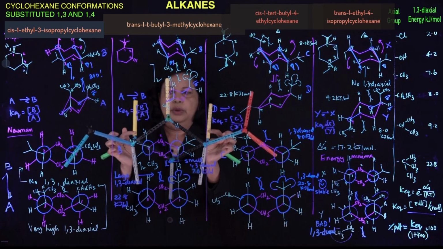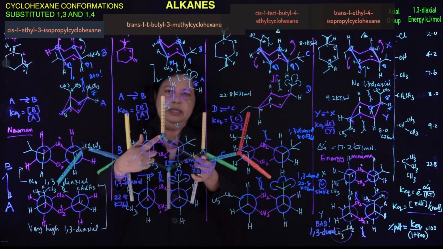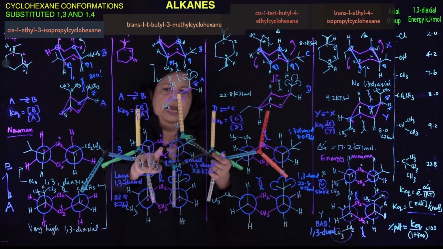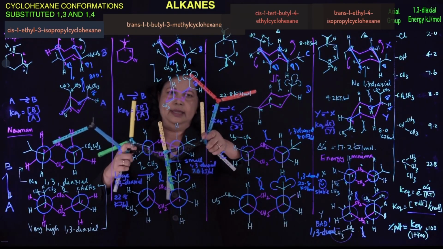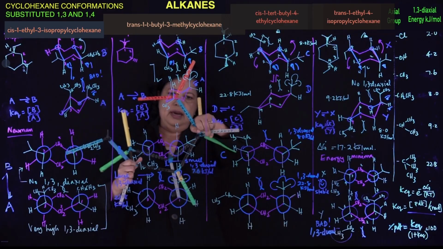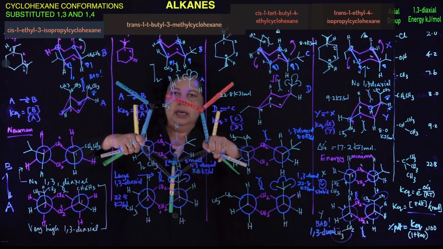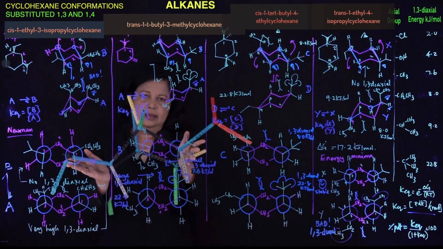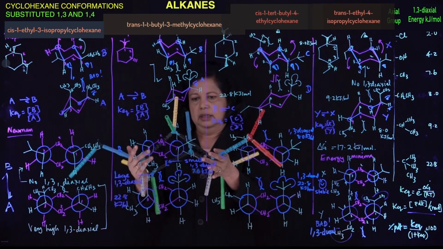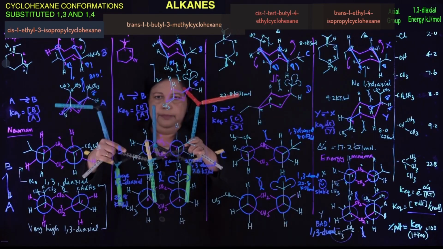But when you draw Newman, you're taking the CH2 in the front and bringing it down, and you will see that these are rotating 60 degrees up counterclockwise, and these are rotating 60 degrees clockwise. So 60 degrees clockwise or counterclockwise depending on where they are.